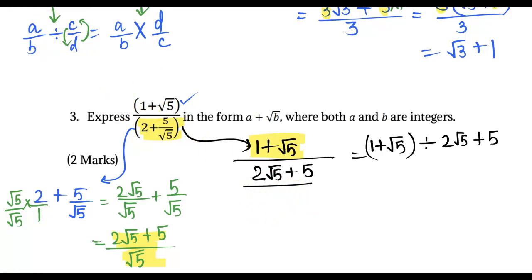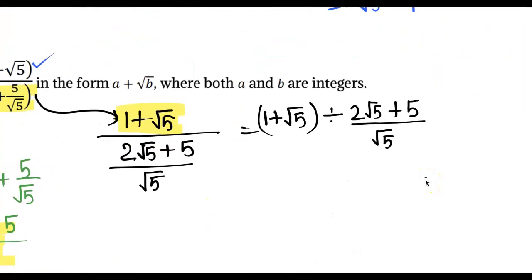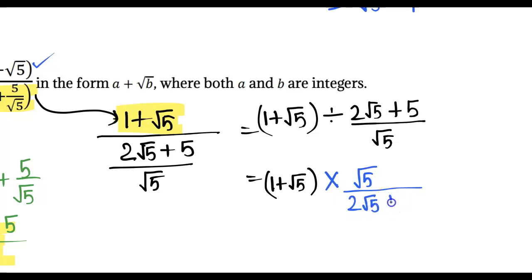We're going to be using the same method as we discussed over here. So 1 plus root 5 divided by, let's convert into multiply, flipping it, root 5 over 2 root 5 plus 5, right?